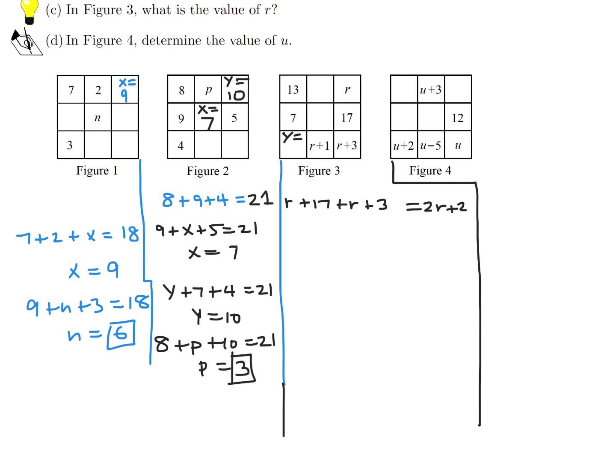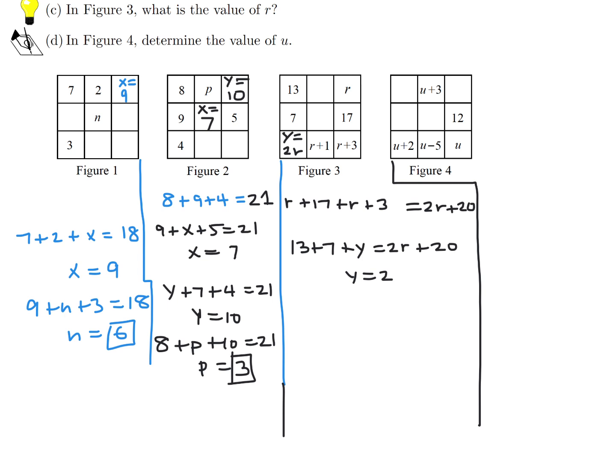So that's the magic constant, even though I don't know the value of r. And then I can work from there. I think that's sort of the whole point. So then I can use the first column, which is 13 plus 7 plus y, and that's 2r plus 20. So that looks like y is 2r. Okay, so that's pretty good. Put that 2r in there.